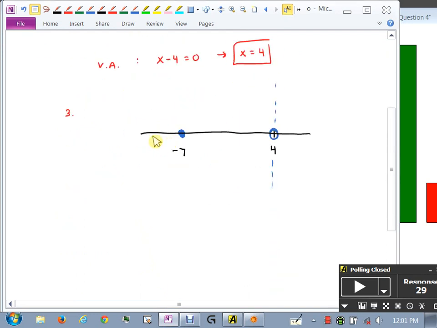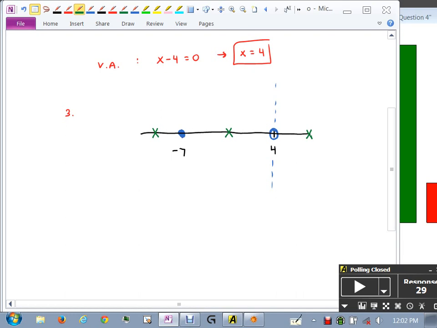So I'm going to pick a point, anything I want, to the left of -7, anything I want between -7 and 4, and anything I want to the right of 4. Those are going to be test points. I'm going to plug them into the original inequality, and determine whether or not it's true or false, whether or not it works.